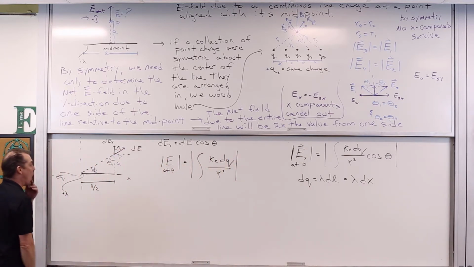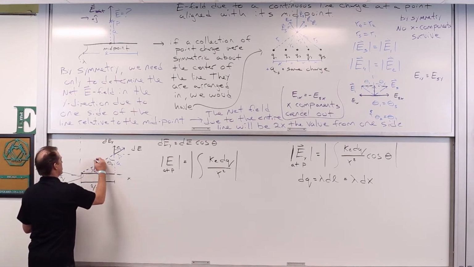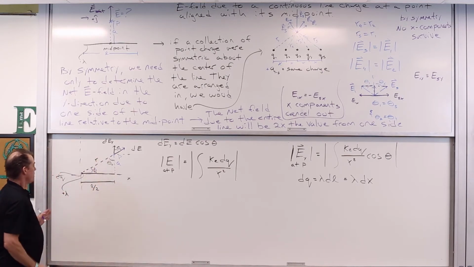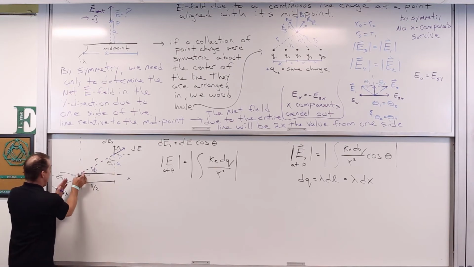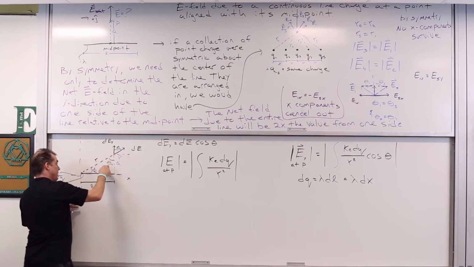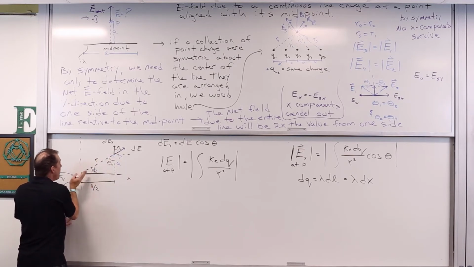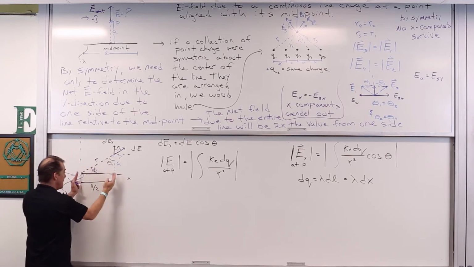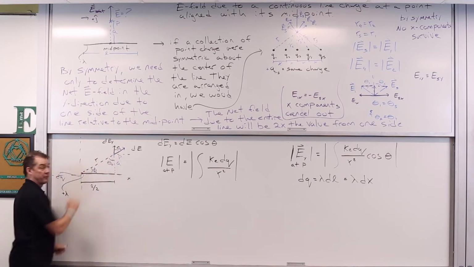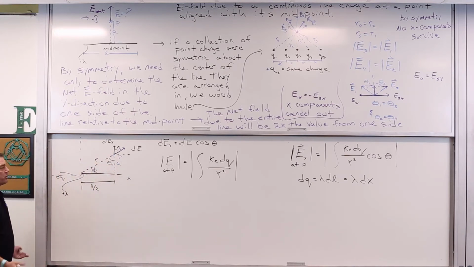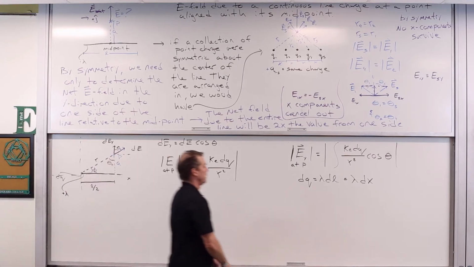What about r? Well, r is this distance right here, which again varies. So we're varying a couple things right here. x varies as we sweep across. The angle theta varies as we sweep across. And the radial distance away varies as we sweep across this line distribution relative to that point in the integration.